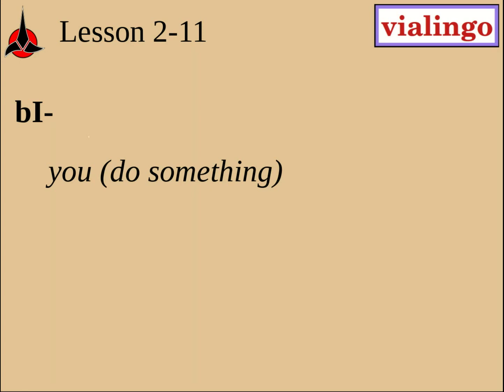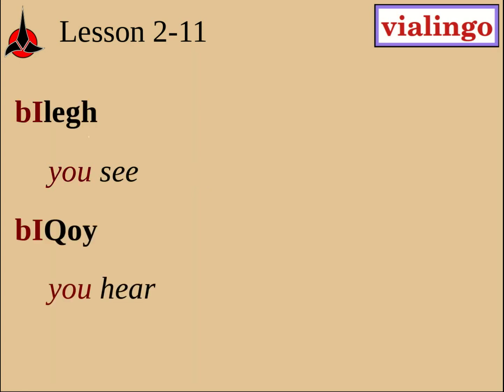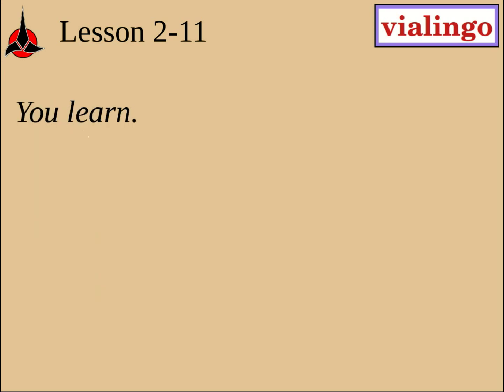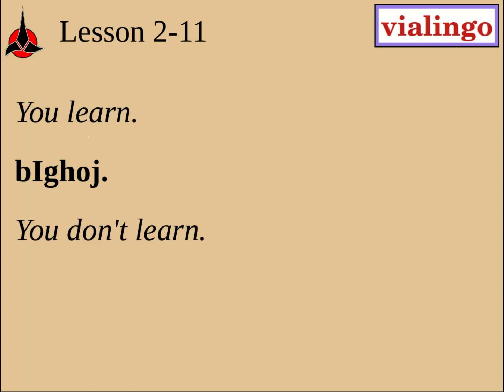The prefix bi means you. You see is biler. You hear is bikoi. Once again, you see and you hear are both single words in Klingon. How do you say, you learn? Biroj. You don't learn. Birojbe.